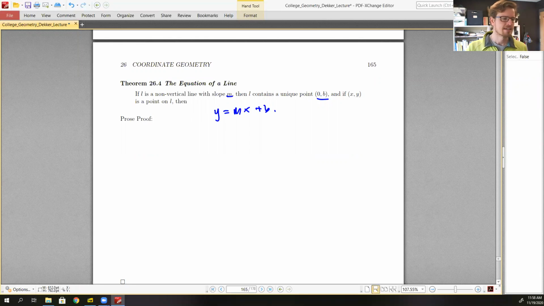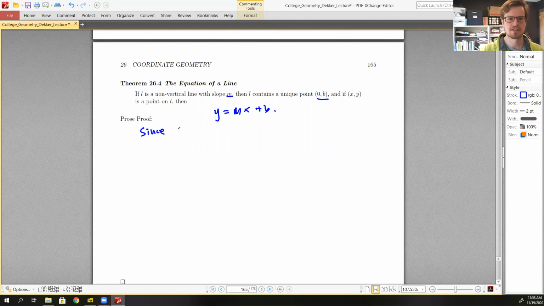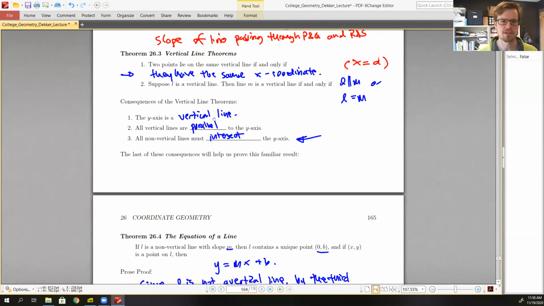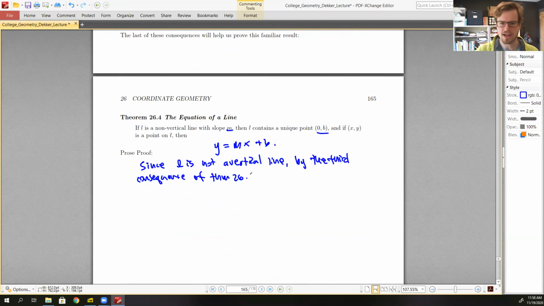So we have, since L is not a vertical line, by the third consequence of theorem 26.3, the vertical line theorems, L intersects the y-axis.